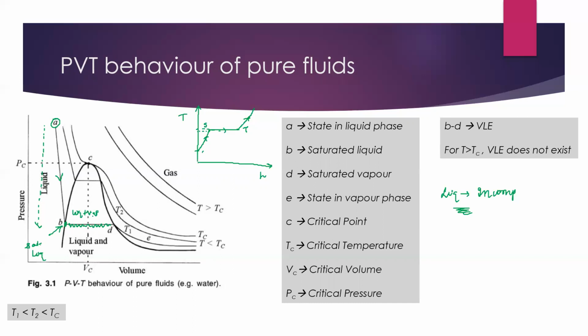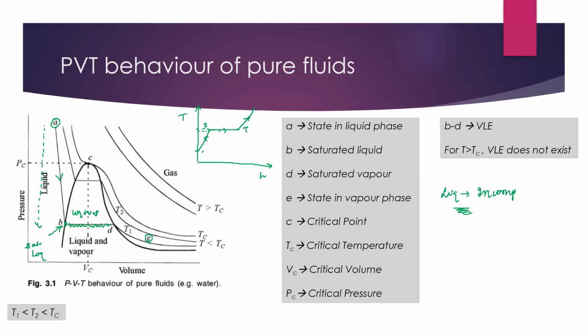And then finally, the pressure is decreasing, and with the decrease in pressure, you can see that the volume change is significant. So E is basically any state in vapor. Now this is basically an isotherm, as in temperature constant.